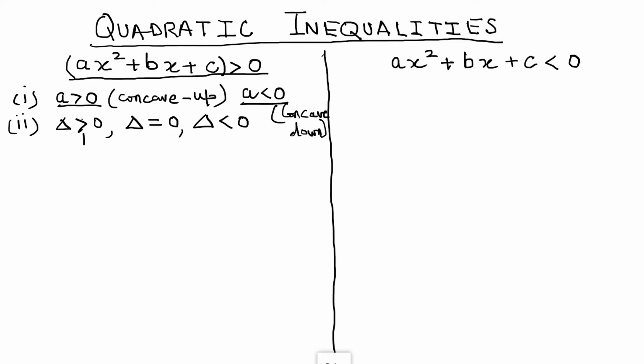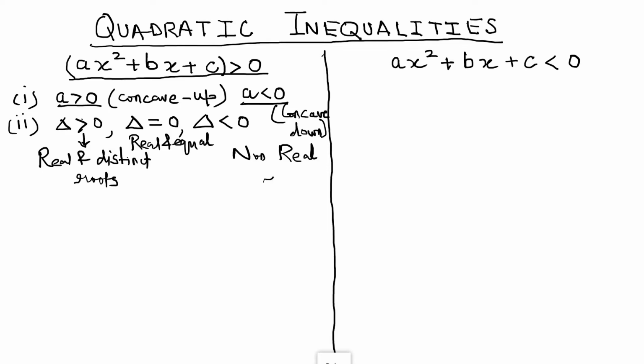Delta greater than 0 means you have real and distinct roots. Delta being equal to 0 means what? Real and equal roots. And delta less than 0 means non-real roots. I'm just revising this for the heck of it, otherwise this is a prerequisite for the session.